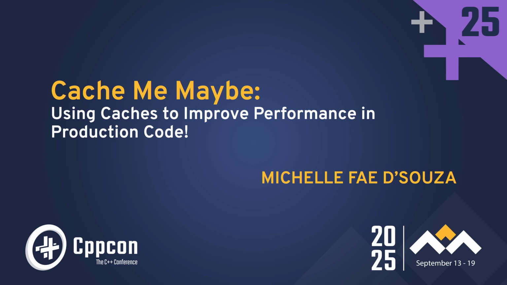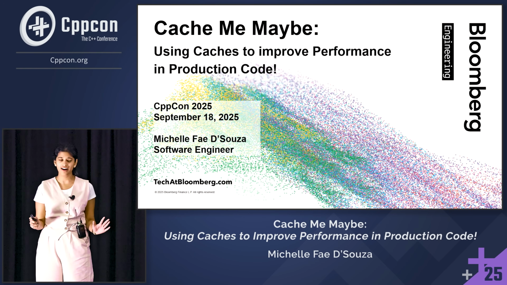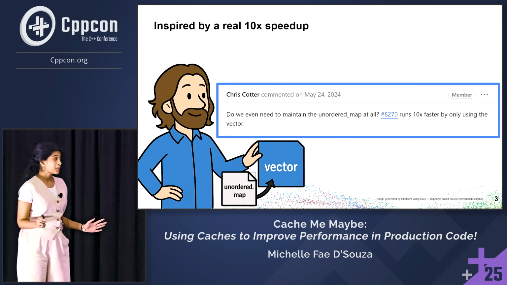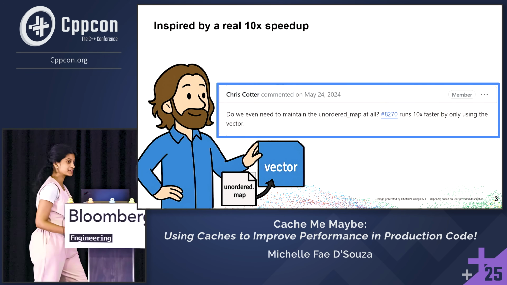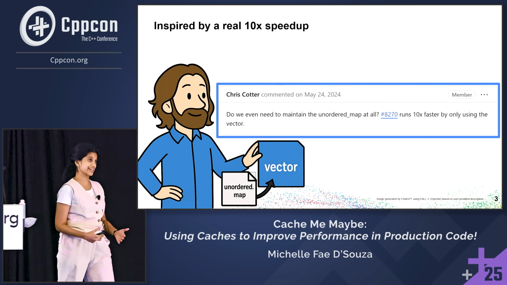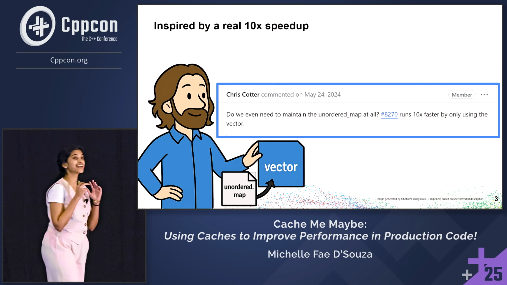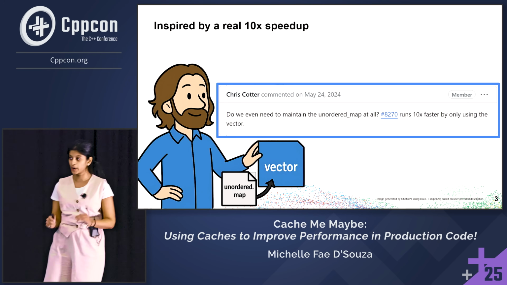I can't believe this. A 10x speedup with a vector? Well, that's what happened when a fellow colleague of mine replaced an unordered map with a vector.